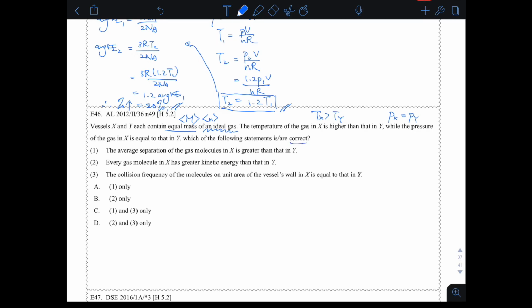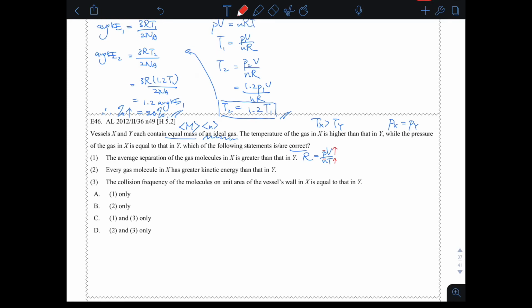Which of the following statements is correct? Average separation of the gas in X is greater than that in Y. Now when we talk about average separation, we talk about volume. So we have R equals PV over NT. We know that P is the same, N is the same. Then you know that X is higher, so when temperature increases, you will have more volume.